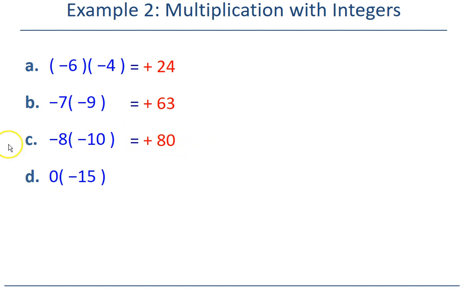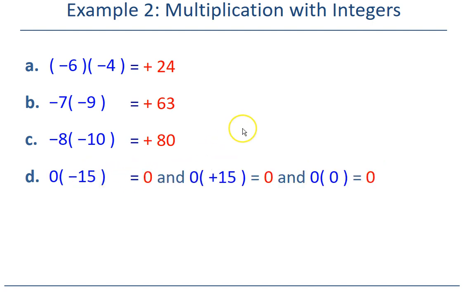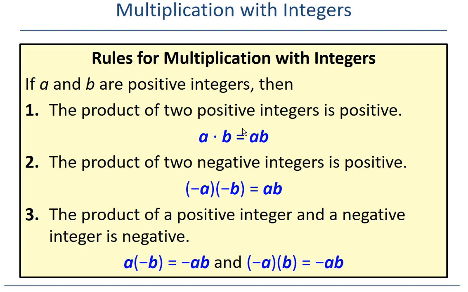Now, here's a case whenever you have a series of factors, and in multiplication, what we multiply together are called factors. 0 times something is always 0. So here's just a little summary. If they're both negative, you get a positive.